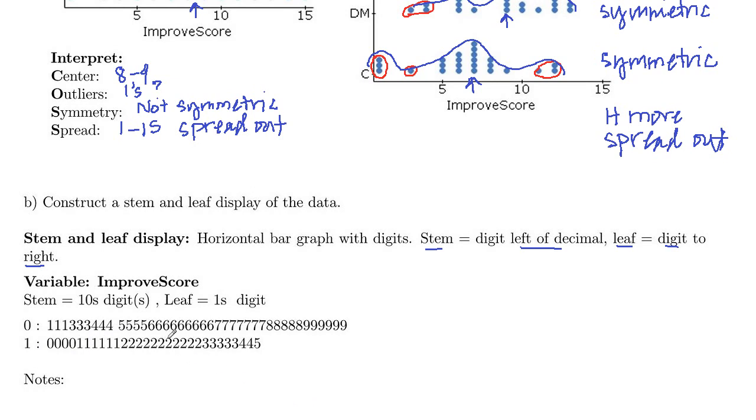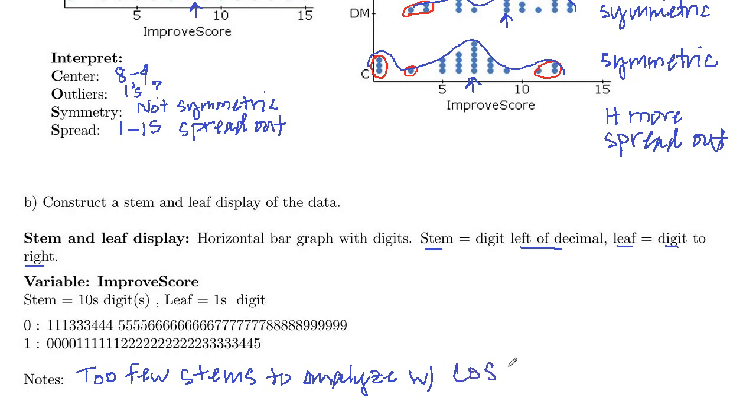It's not really giving us a lot of information because there's only 2 classes here. So there's really too few stems, which determine the classes, to really analyze with our acronym SAUCE.